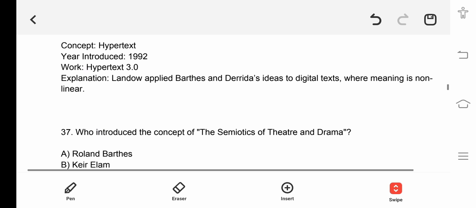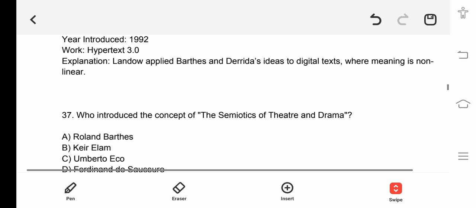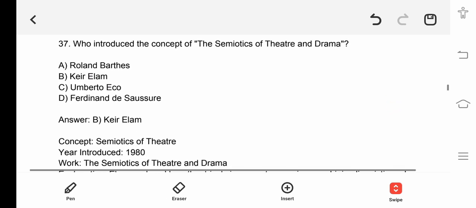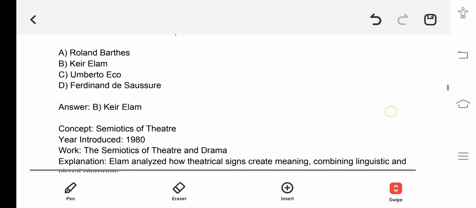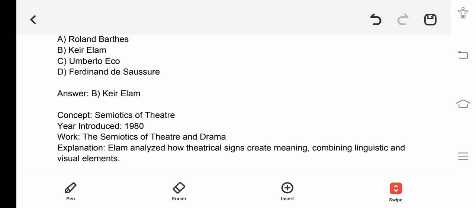Next question. Who introduced the concept of the semiotics of theatre and drama? Options you have. Okay, let's see the correct answer. The correct answer is Keir Elam, who gave the concept of the semiotics of theatre in the year 1980 in the work The Semiotics of Theatre and Drama.